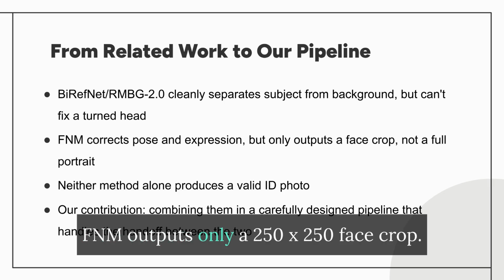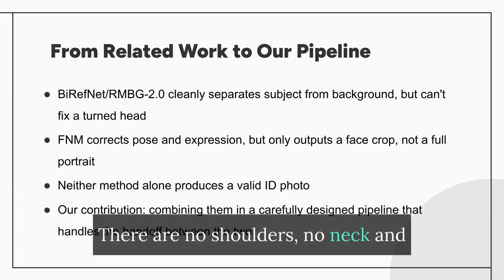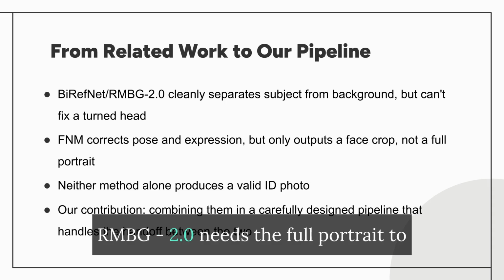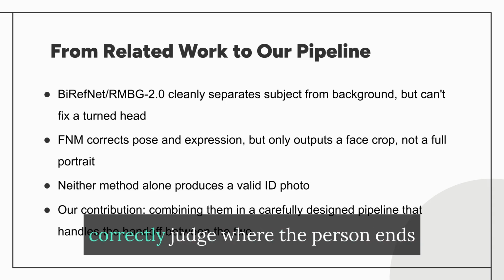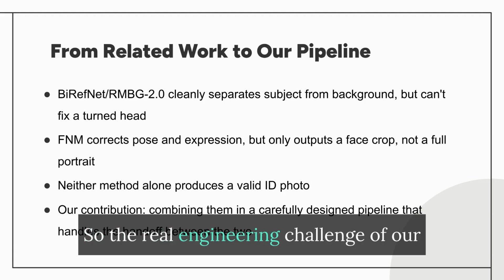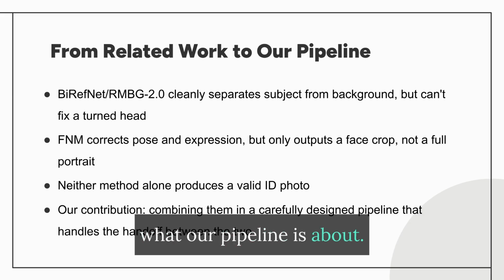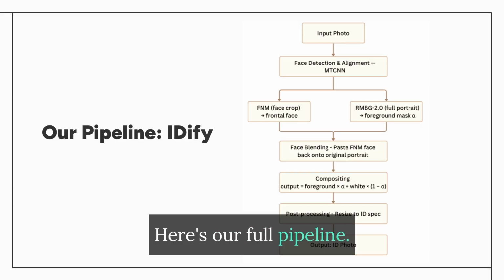FNM outputs only a 250 x 250 face crop. There are no shoulders, no neck, and RMBG 2.0 needs a full portrait to correctly judge where the person ends and the background begins. So the real engineering challenge of our project is designing the head, and that's what our pipeline is about.